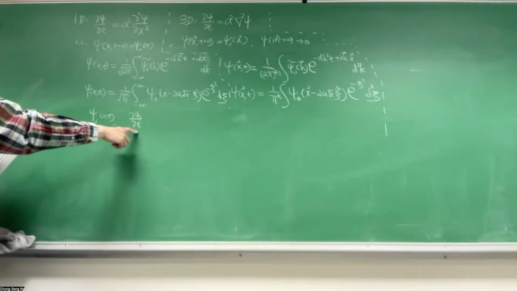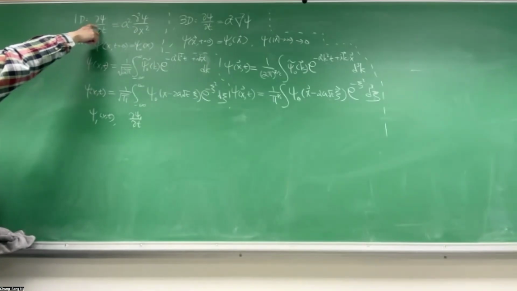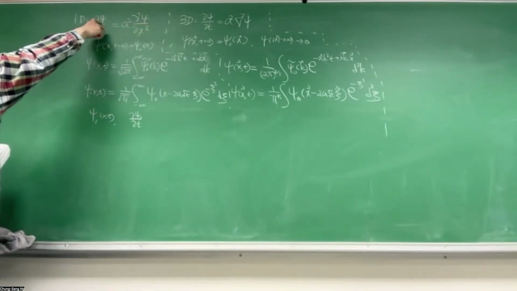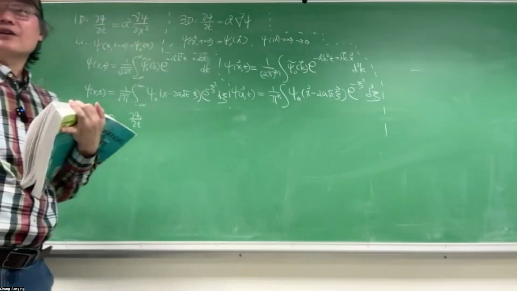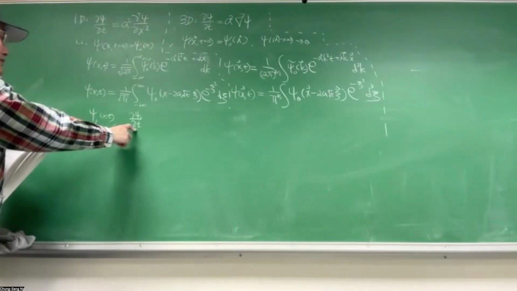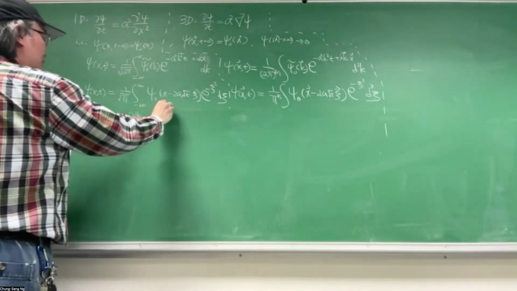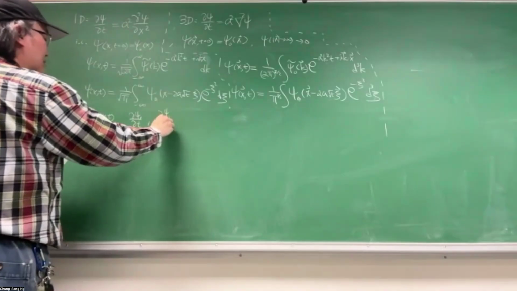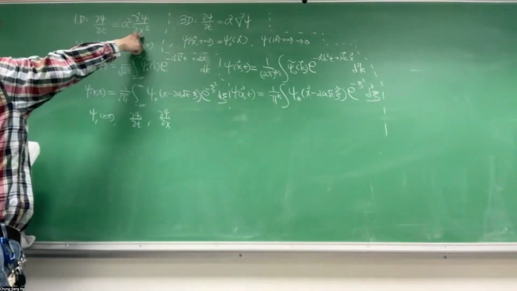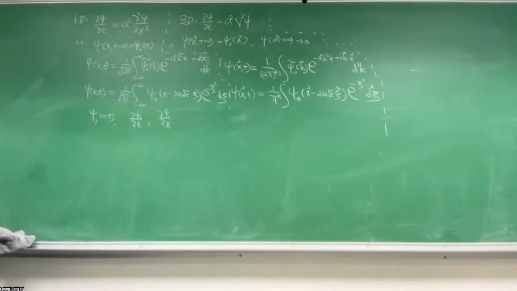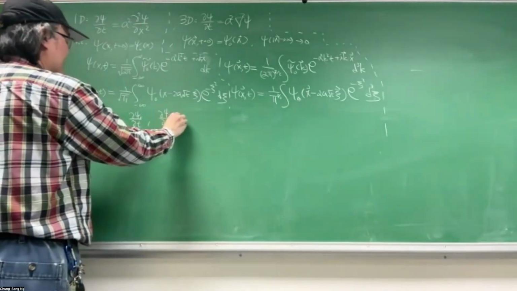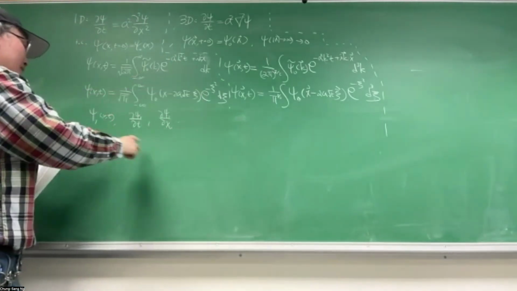Because you can take the time derivative over the whole equation, and it still satisfies the same equation. And likewise, partial psi partial x is also a solution, because you just take the derivative on both sides, and it still satisfies the same equation. So this is another way to generate different solutions.